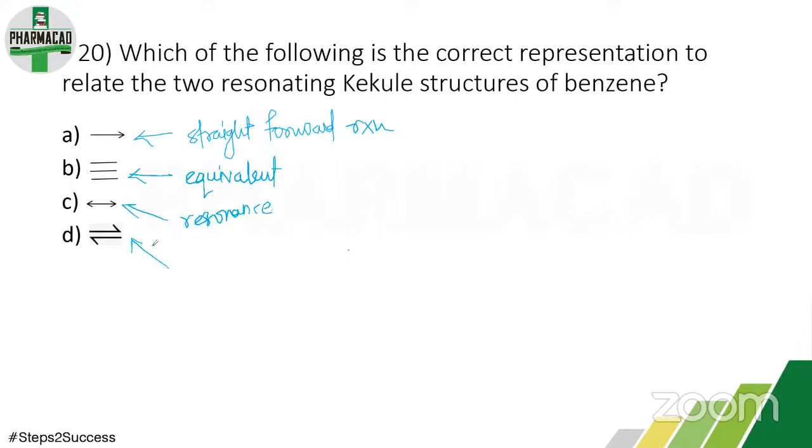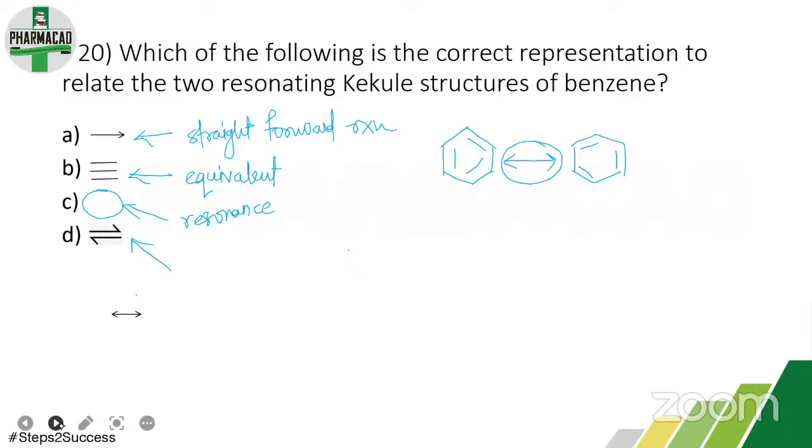This arrow is for reversible reaction. Out of all these four, this arrow relates the two resonating Kekule structures of benzene in this manner, having this resonating structure. So the answer is option C.